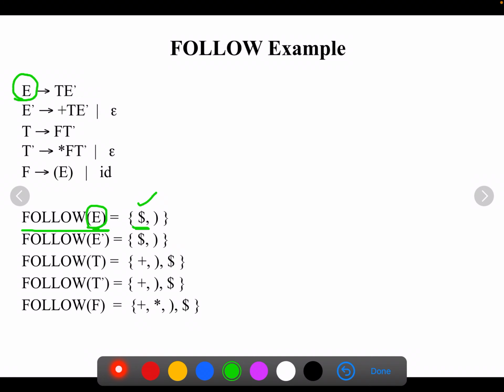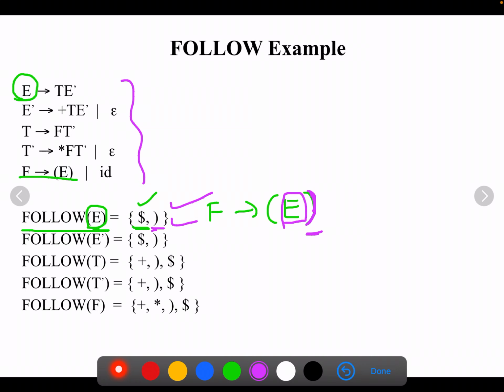This is the only production which has E on the right hand side, that is F produces parenthesis E closing parenthesis. So who is following E here? My target is E. Follow of E includes the closing parenthesis. So include that also. Now the set is completed. Any other productions here? No other productions have E on the right side. Therefore, we stop the construction of follow of E here.